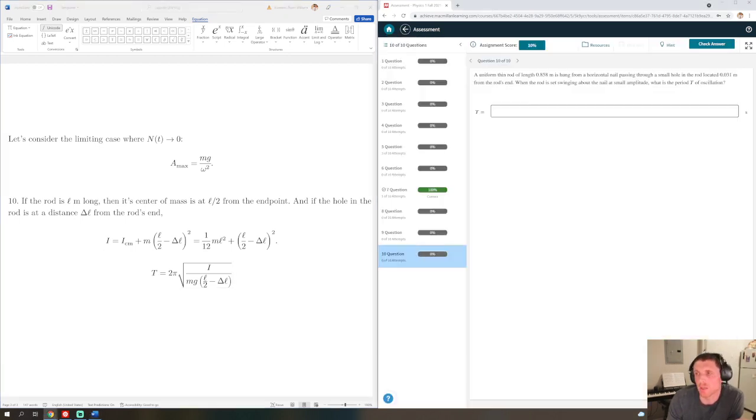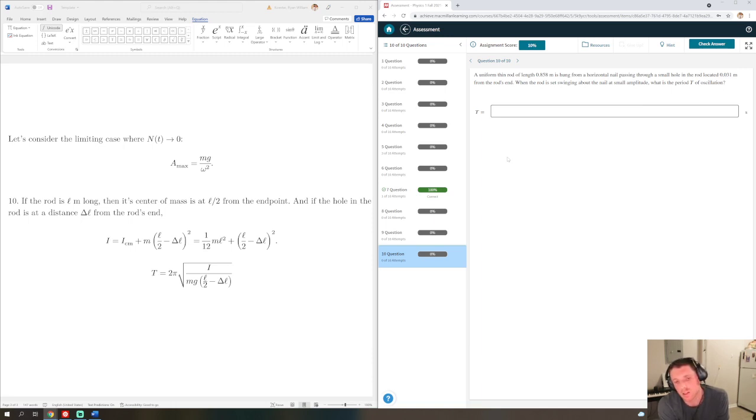For me, it's the 0.031 meters. Basically, delta L is the distance from the end of the rod to the point where the axis of rotation is passing through.